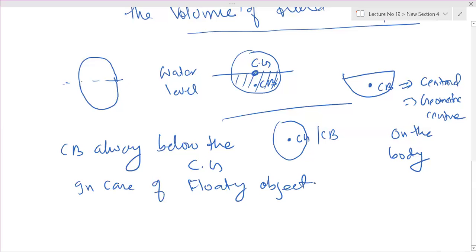I think I have made things clear, right? So let me check your concept. You have an object, and this is your 40%, and 60%.